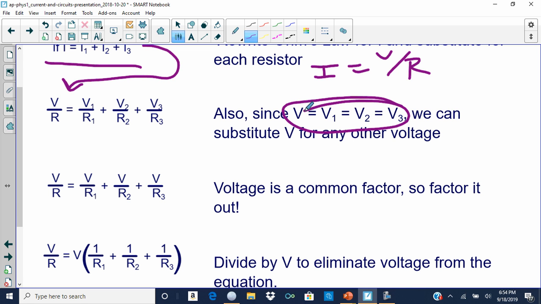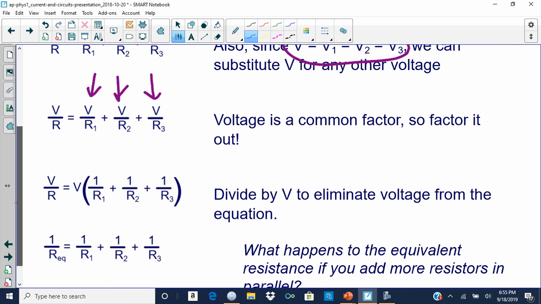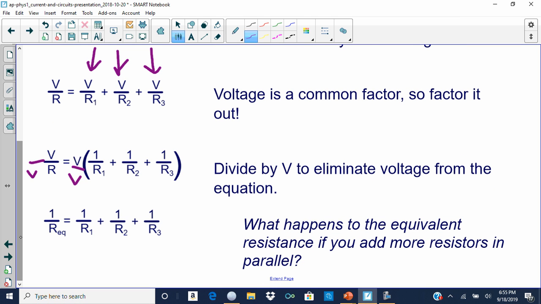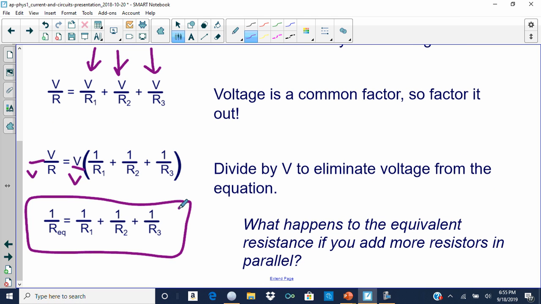So we're going to replace the V1, the V2, and the V3 with V. Now, we can take one of those V's out, and then we can divide both sides by V. So if we divide by V here and divide by V here, because you got to do it on both sides or it's not equal, you end up with this equation.